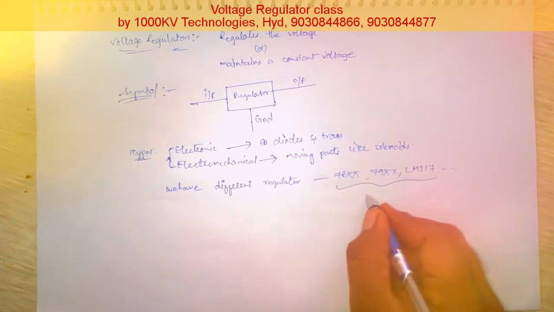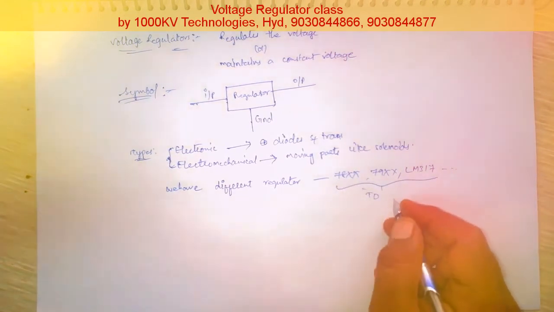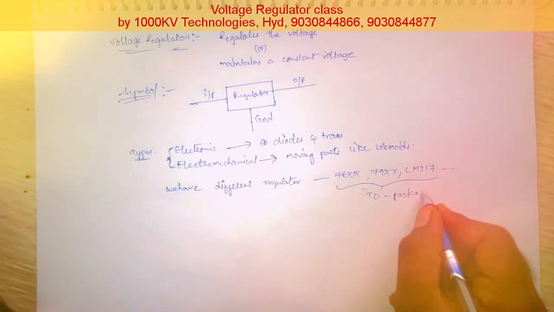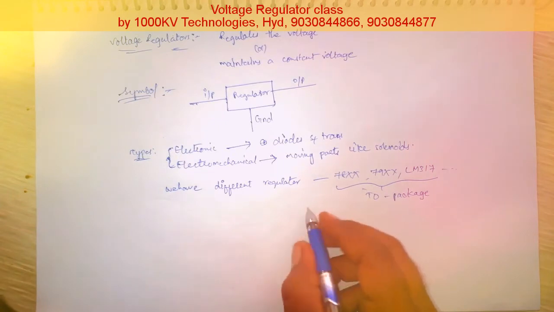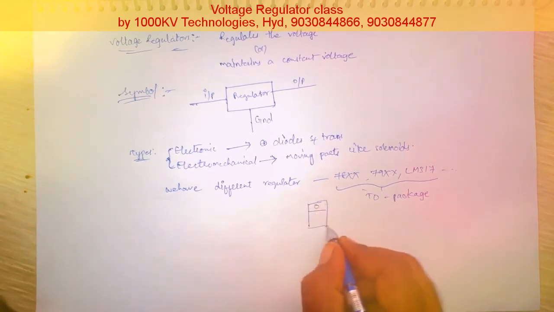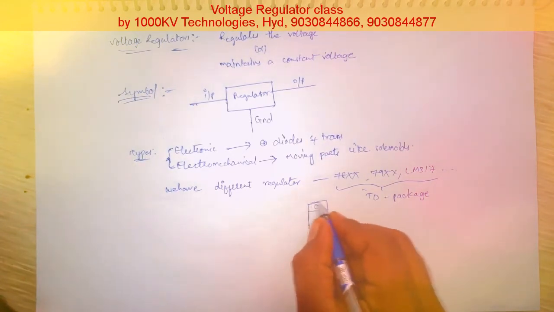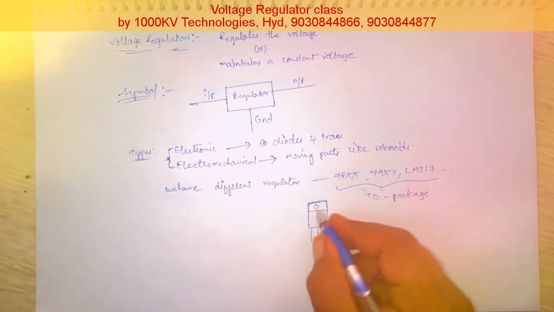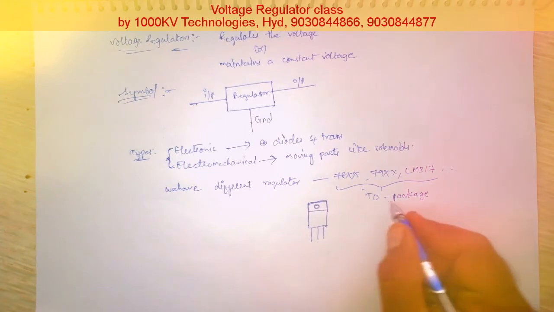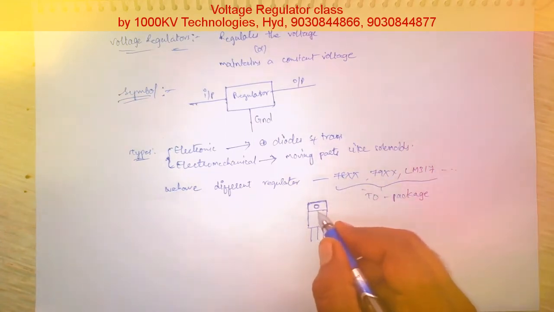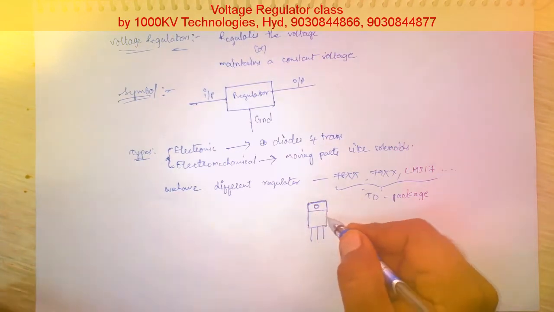All these come in a TO package, transistor outline package. It looks like this. A TO package is like this: 3 terminals and this body, and this is metal. There is a hole here. All these regulators look like this.